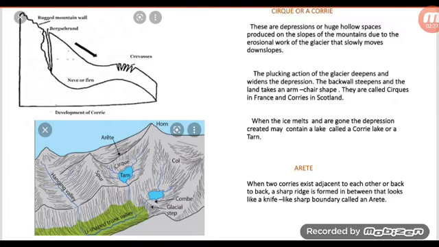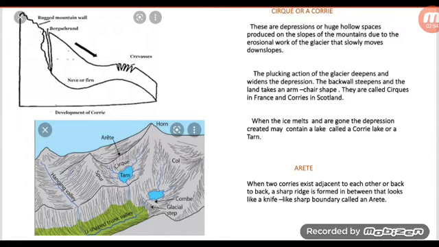Next we come to another feature which is called an arete. When two corries exist adjacent to each other or back to back, a sharp ridge is formed in between that looks like a knife-like sharp boundary, which is called an arete. In the diagram shown on the left side, the bottom one, it's a diagrammatic view.